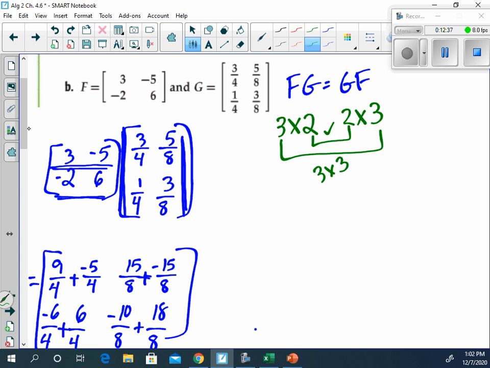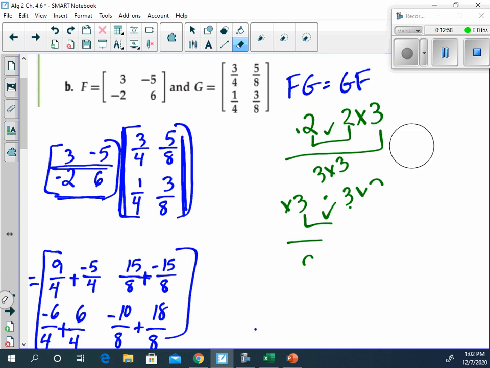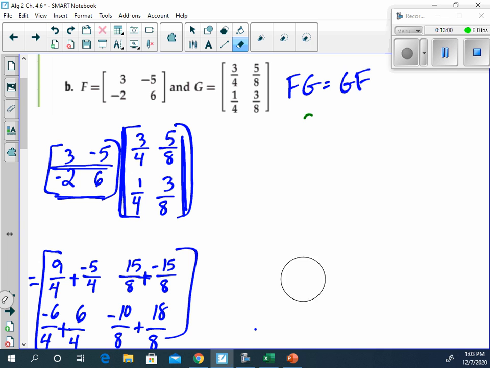If I switched it, a 2 by 3 multiplied by a 3 by 2, so I just flipped them, well, it works, and what's my new product? A 2 by 2, yes? Multiplication with matrices is not commutative, so order matters with matrices.